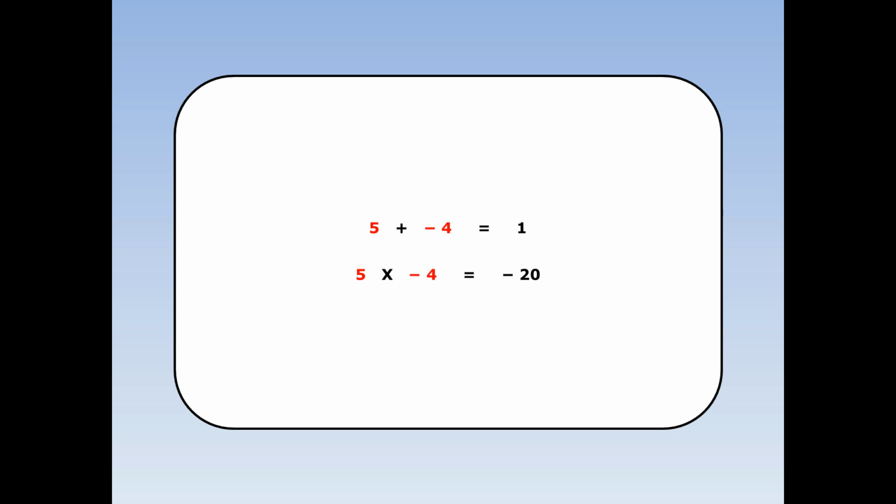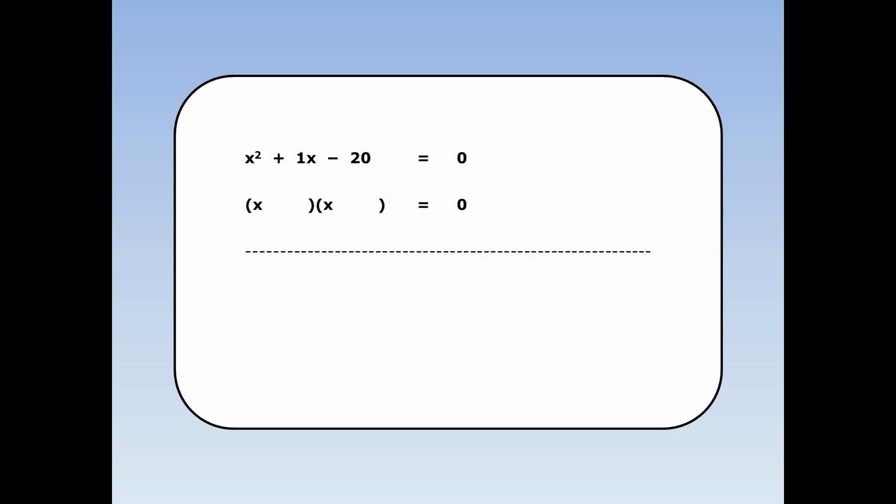And the answer is 5 and minus 4. 5 plus minus 4 is 1. Remember that adding a negative number is the same as taking it away. And 5 times minus 4 is minus 20. Remember, if I've got one negative in the question, then the answer is negative.